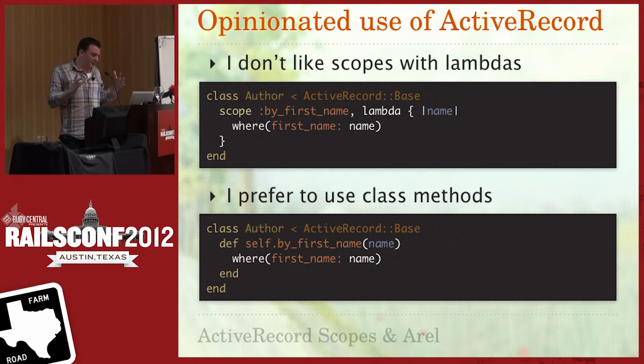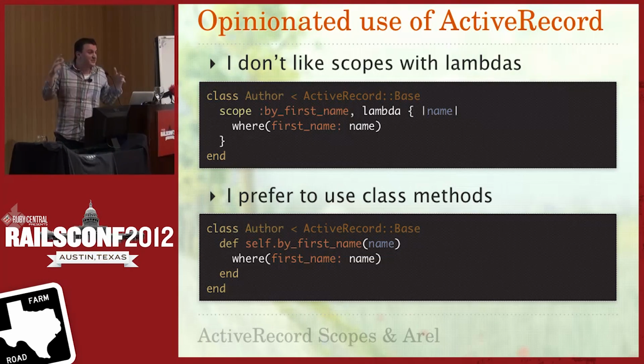Like I said, I don't like scopes with lambdas, and I don't really like long scopes. I don't mind this scope class method up here if it's really short, like scope some name comma where success true or something like that. That seems fine. But when they start getting really long, and using lambdas tends to make them longer, that's when I start not to like them.